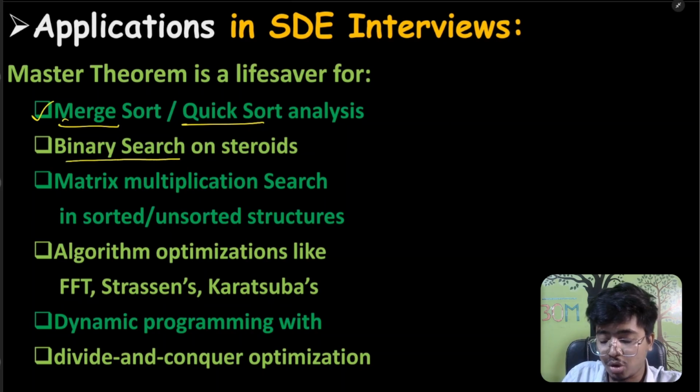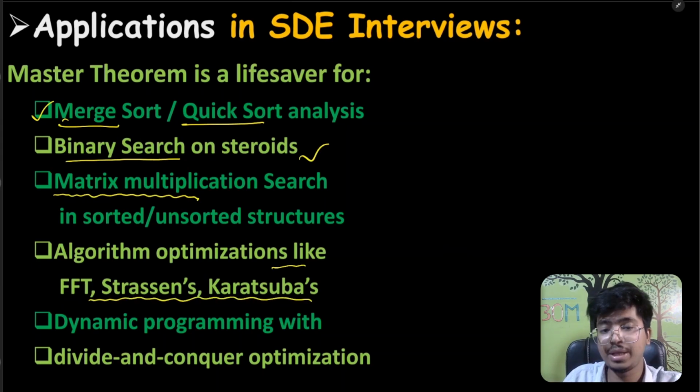In binary search also we can utilize the master's theorem. In matrix multiplication also we can utilize the master's theorem. Various algorithm optimizations like FFT, Strassen's, Karatsuba, in those places we can also apply it. We can use it in dynamic programming and divide and conquer optimizations also.